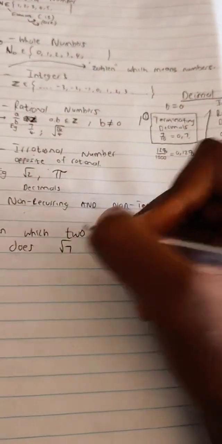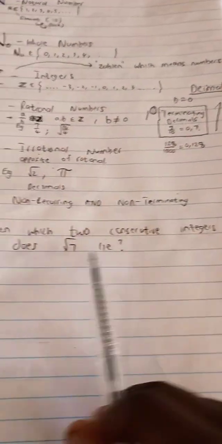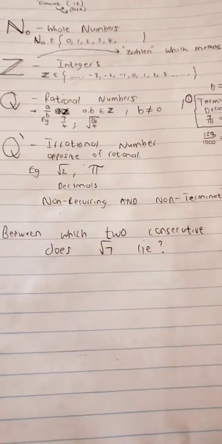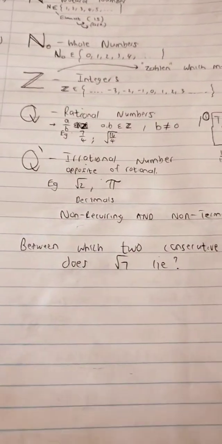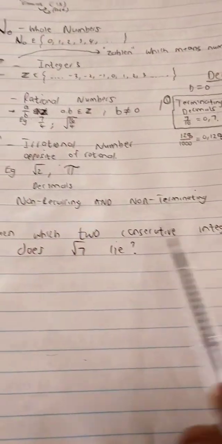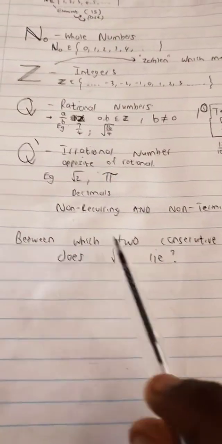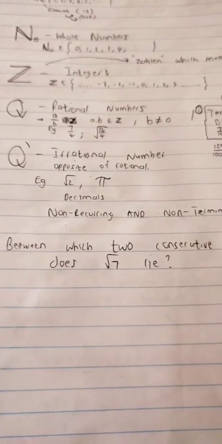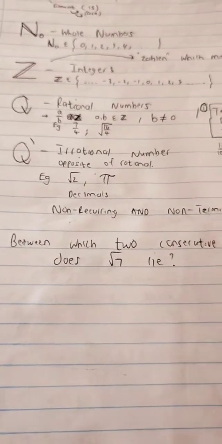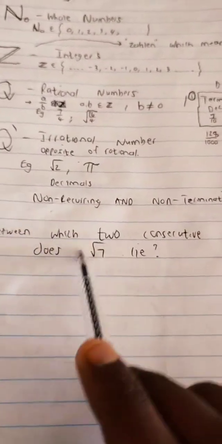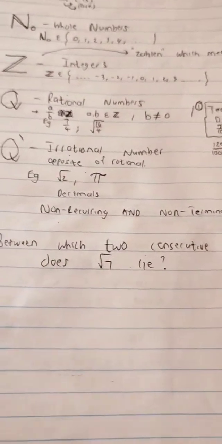You need to find the two integers that follow each other where the square root of 7 actually lies. I'm sure when you were in grade 9, these were questions that were commonly asked, and these are questions that get asked even here in grade 10. The square root of 7 is an irrational number, so they usually ask, between which two consecutive integers is that particular irrational number found?